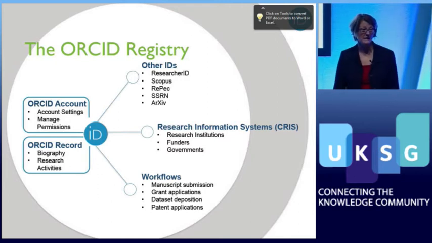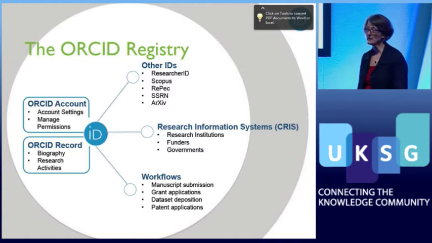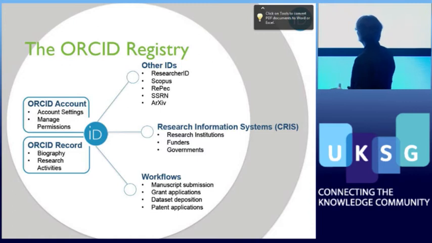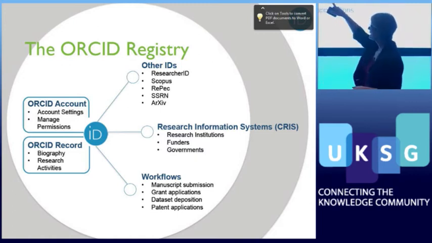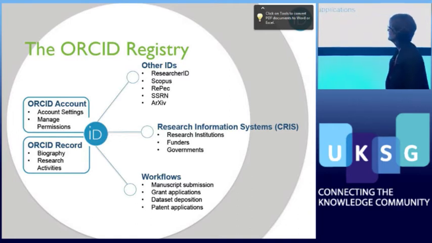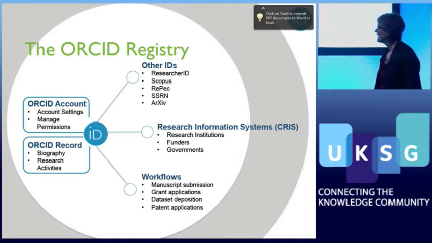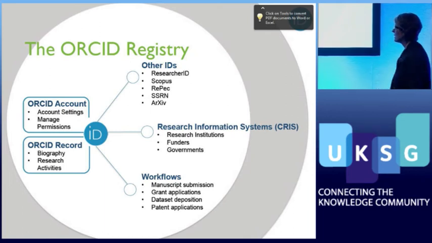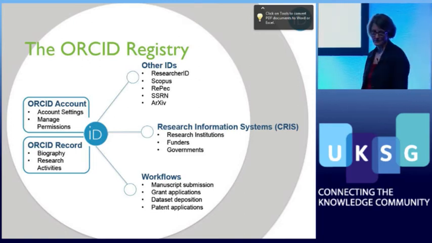What does it look like? What's in there? And the APIs. So the ORCID registry has, I guess, 3 basic components. There's the account itself, where you manage account settings and permissions. I'll talk about privacy next. The ORCID record itself, where you can save your biography, so a snippet of text on who you are, and your research activities.